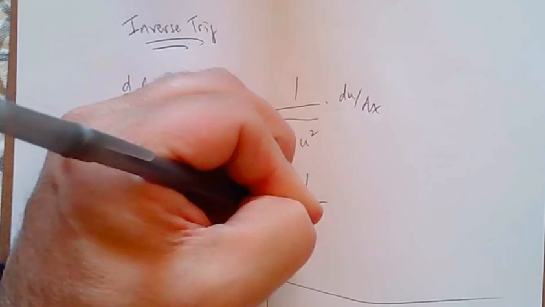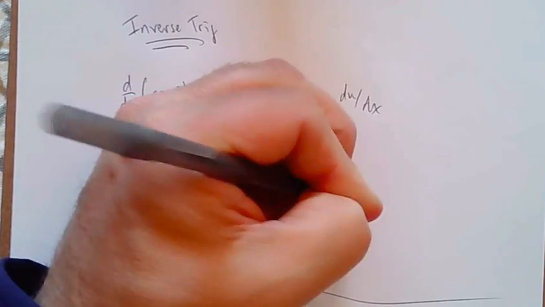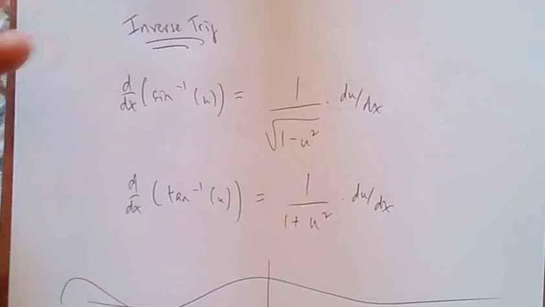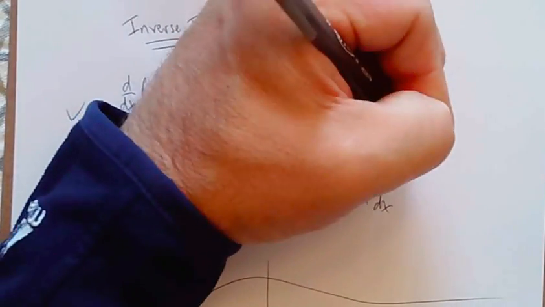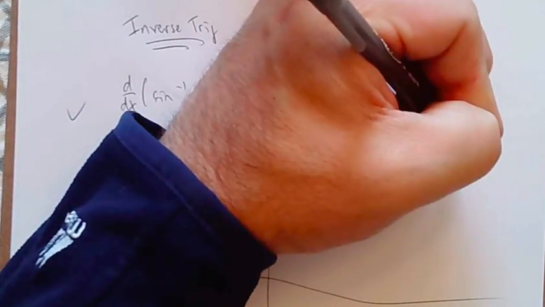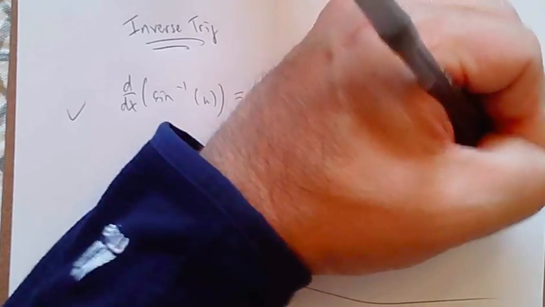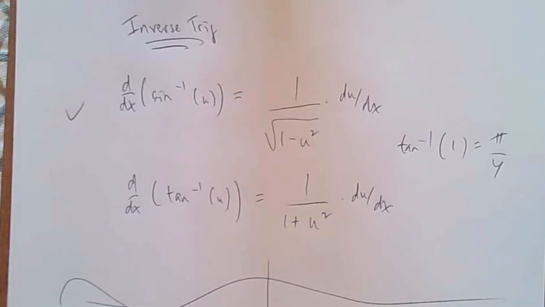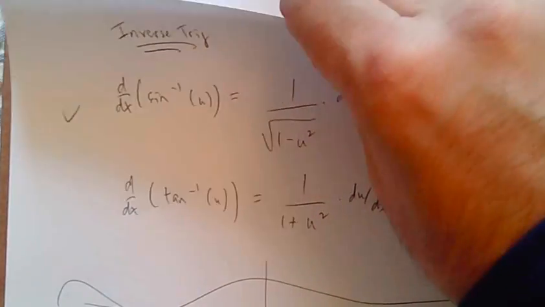And these formulas are in your notes, but for example, the inverse tan of 1 in this case is pi over 4, things like that. So I make a point of that every year with inverse trig.